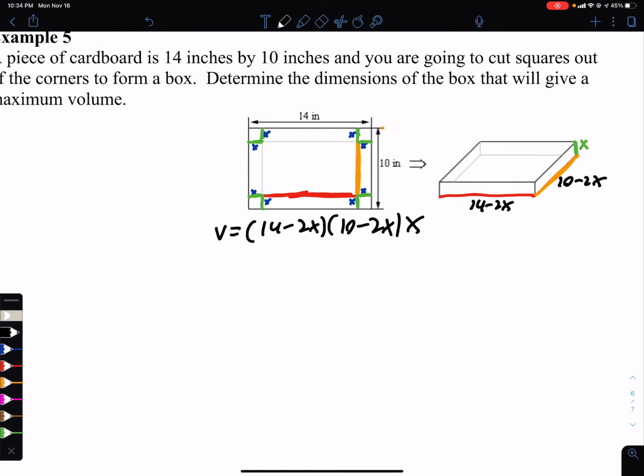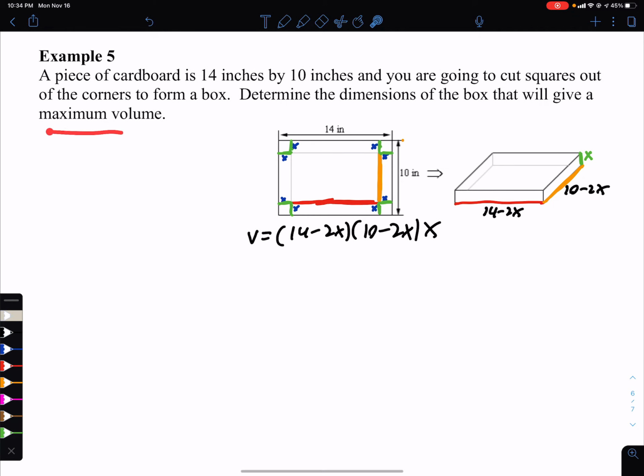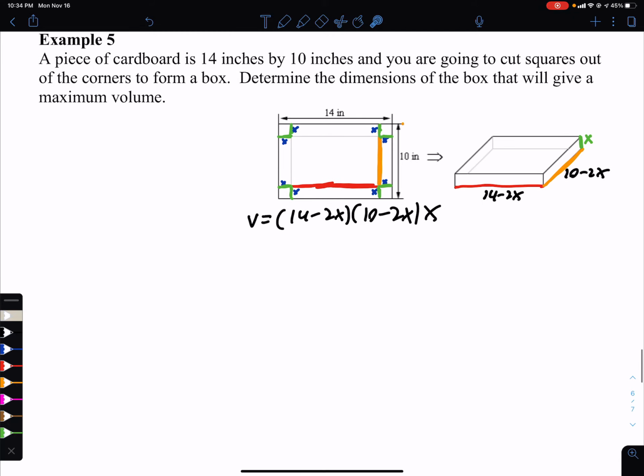And what am I trying to do? I'm trying to maximize the volume. So I need to find the critical points and the endpoints to get the maximum. Or I can use that other theorem that says if there's only one relative extreme on a continuous function, that's the absolute extreme also. So over here, I'm going to go ahead and distribute there, there, there.